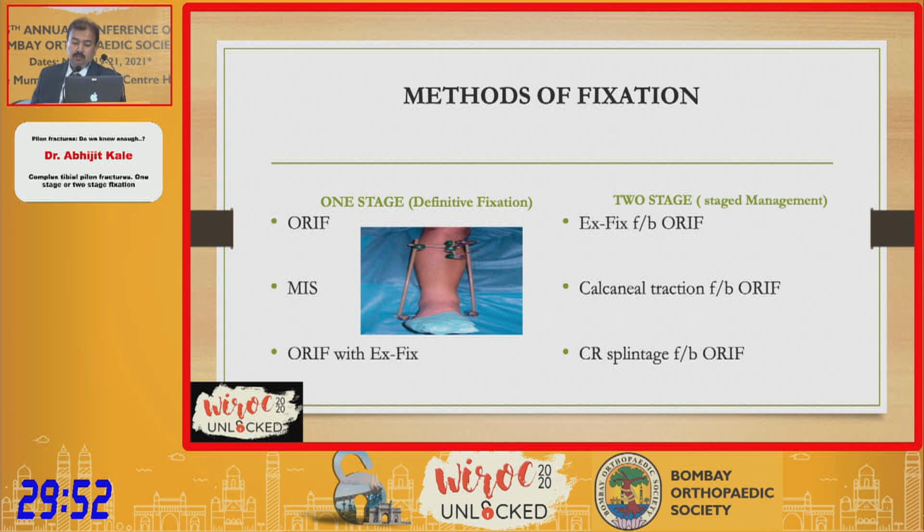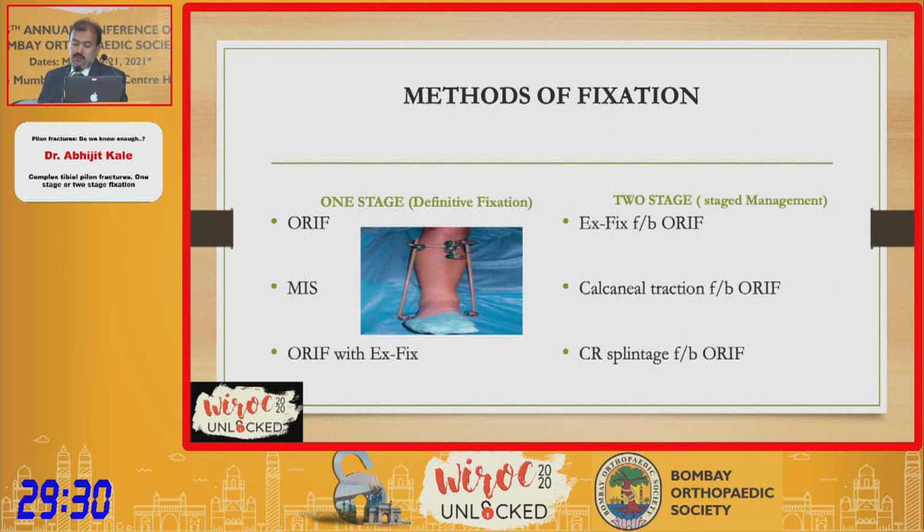So what are the types of fixation? One-stage fixation can be purely internal fixation, or a modification such as MIPO or an MIS technique, or at times one may combine ORIF with an ex-fix. Whereas a two-stage management protocol would consist of one of three methods.